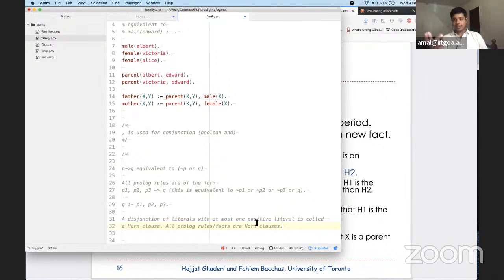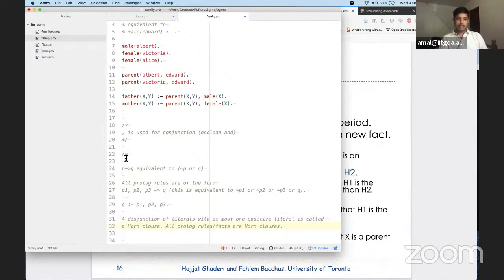What is a literal? A literal is, if I have a relation, like an atomic formula. All these things are called atomic formulas. You might have seen this term in your logic course, atomic formula. So either an atomic formula or the negation of an atomic formula is called a literal.